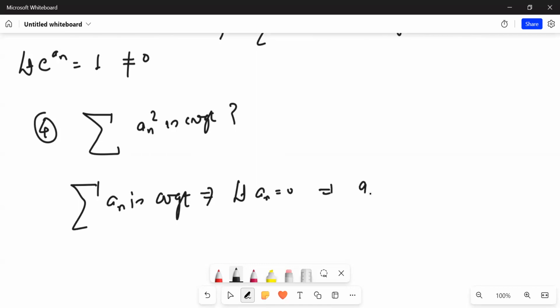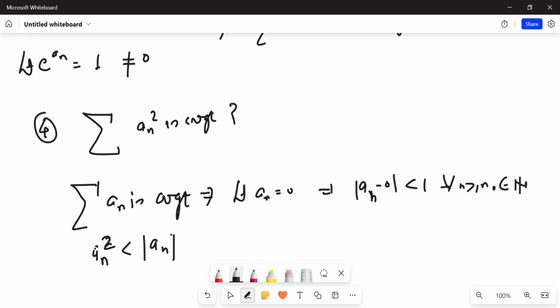It implies that the modulus of an minus 0 can be made less than 1 for all n greater than or equal to some n0 belonging to the naturals. And if the modulus of an is less than 1, then the modulus of an would be greater than an square. Always remember, if an is less than 1, then the more higher powers you take, the lesser the number would be. Since summation modulus of an is convergent, it implies summation an square is convergent by the comparison test.